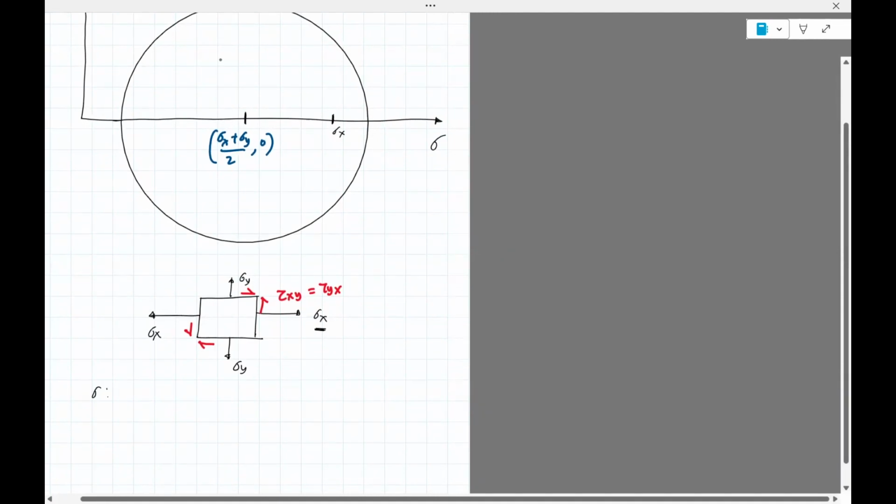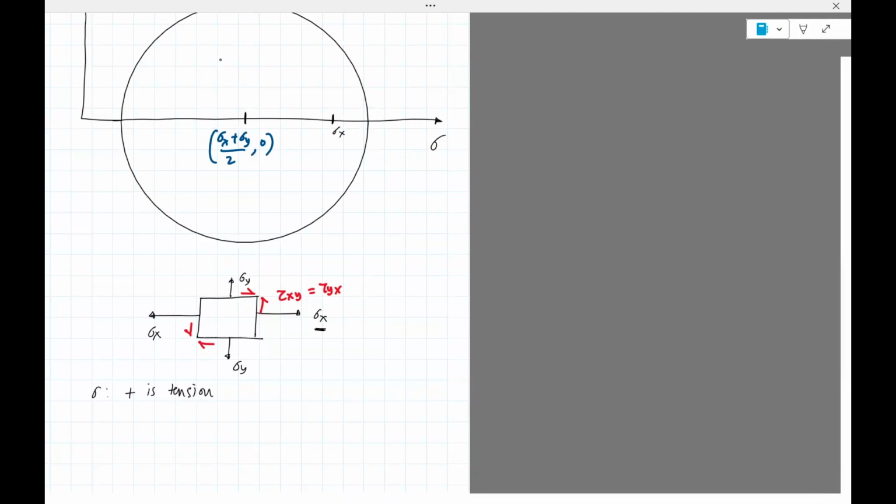For sigma, positive is tension and negative is compression. For tau, positive is clockwise and negative is counterclockwise.